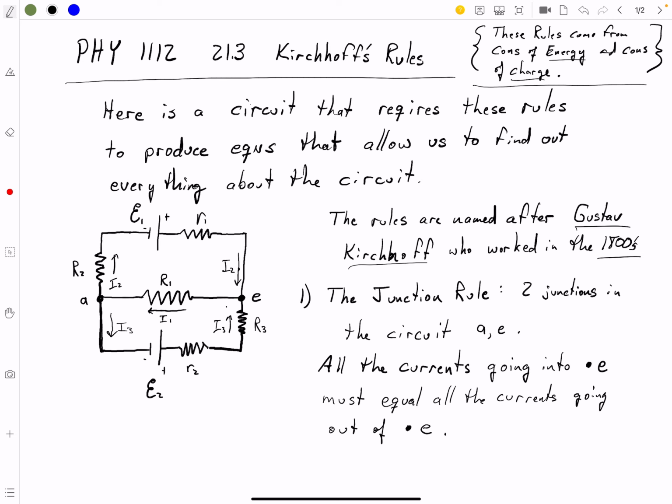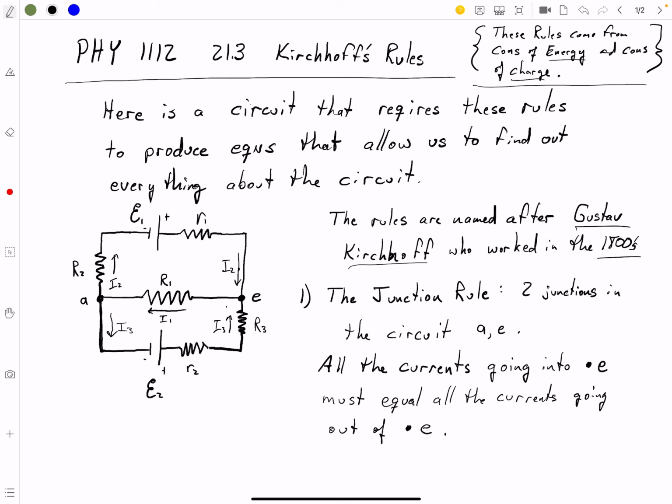So we need both. Okay, so this circuit right here is one that requires these rules to get the equations allowing us to find everything about the circuit.